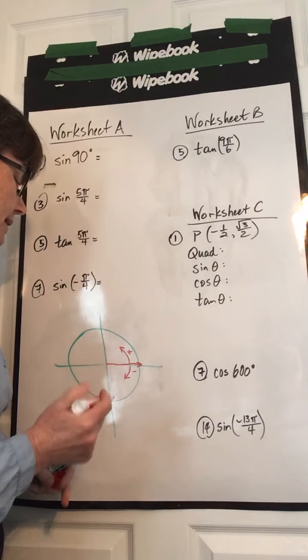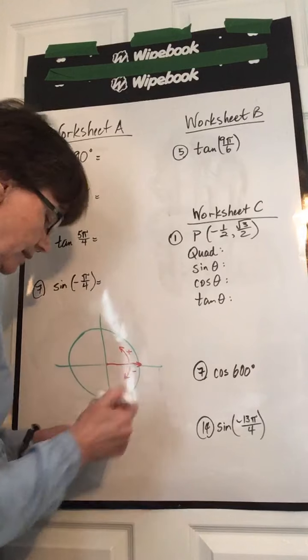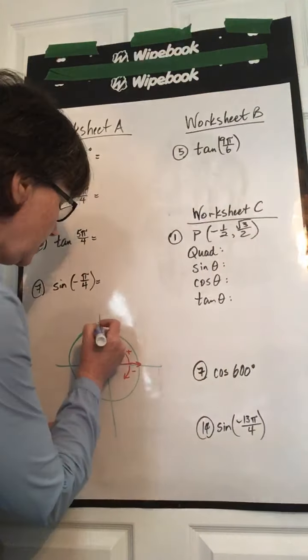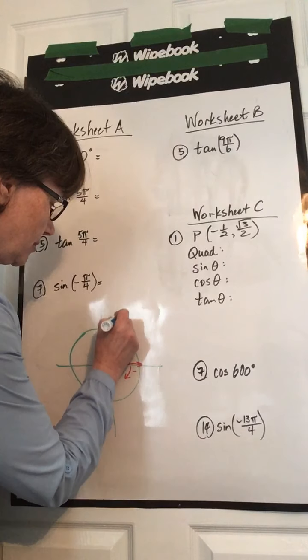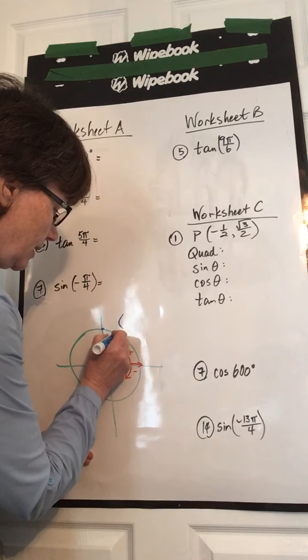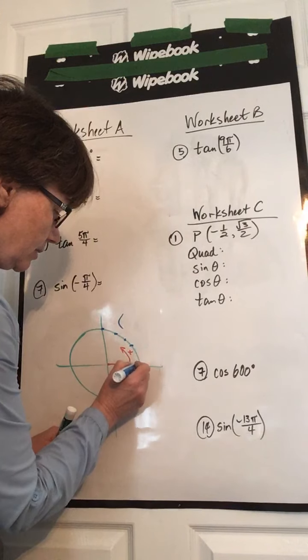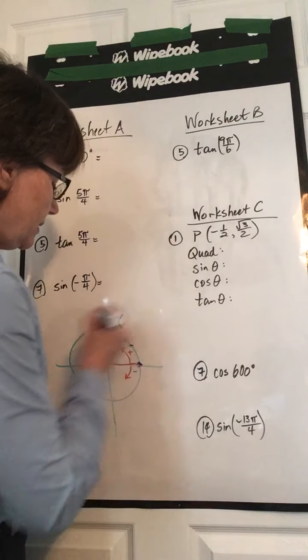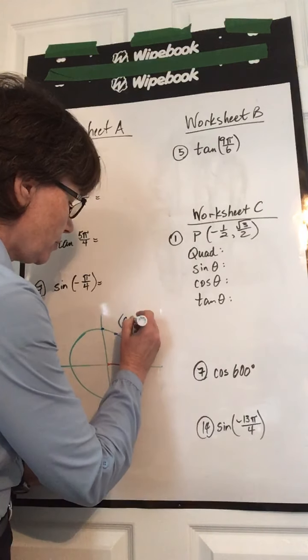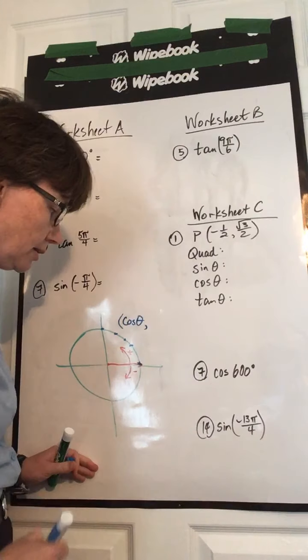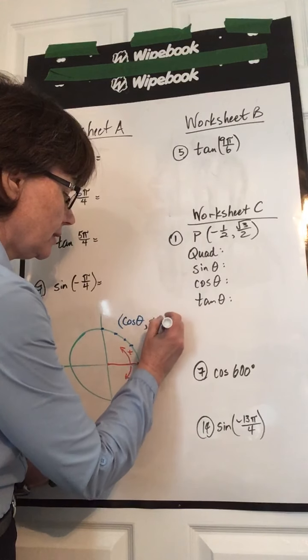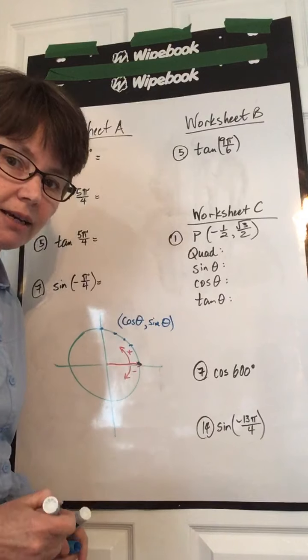Secondly, the x-coordinate of any point on the outside, any of these special places on the outside of our unit circle, the x-coordinate always represents the cosine of the angle, and the y-coordinate always represents the sine of the angle.